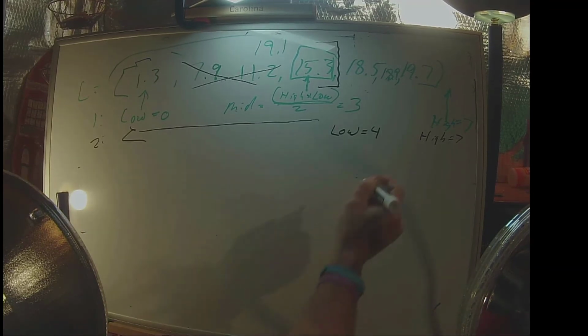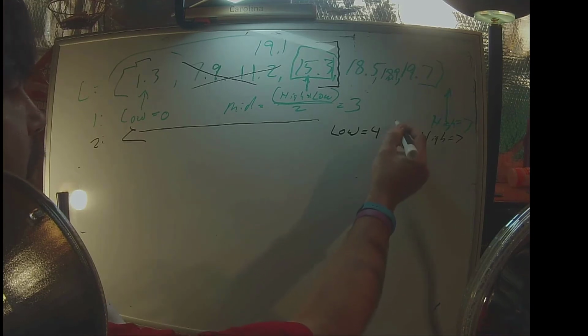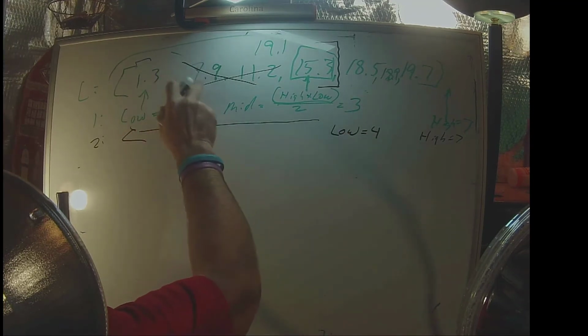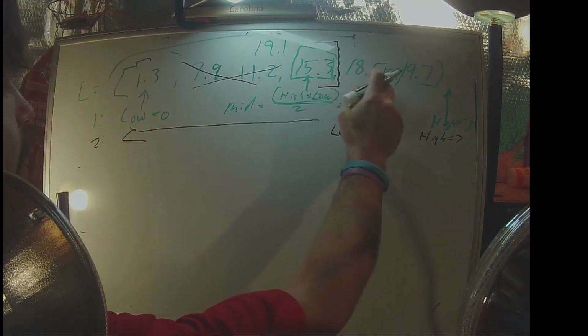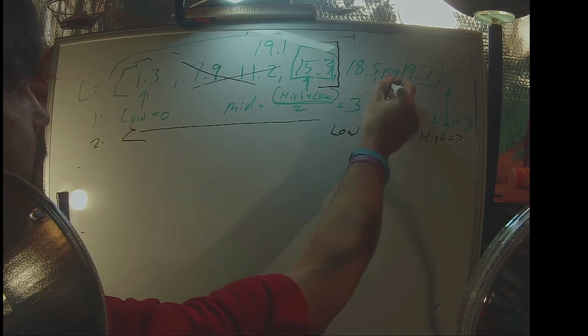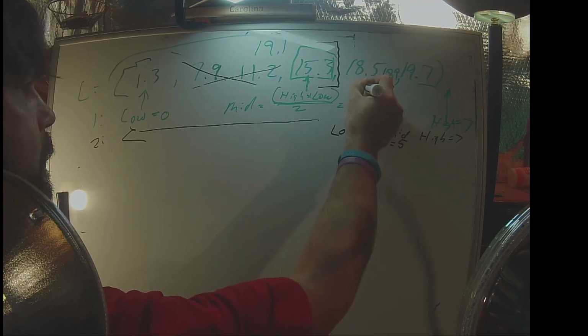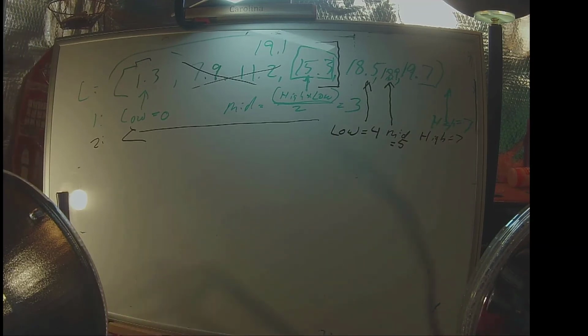Okay, so now we calculate a new midpoint. The new midpoint is going to be 7 plus 4 is 11. Integer divided by 2 is 5. So 0, 1, 2, 3, 4, 5. So this is the new midpoint. Right, low is 4. High is actually still off our map.